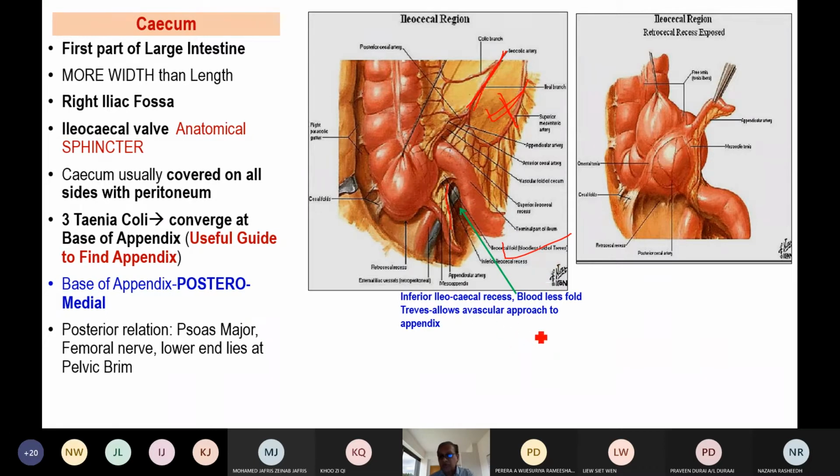In this aspect, I want to also add one thing. Sometimes you feel pain over the right iliac fossa. You go for McBurney's point, but don't forget that you also have to ask the patient to flex the hip. Why? Psoas major, because usually between the cecum and psoas major, a retrocecal appendix is lying.